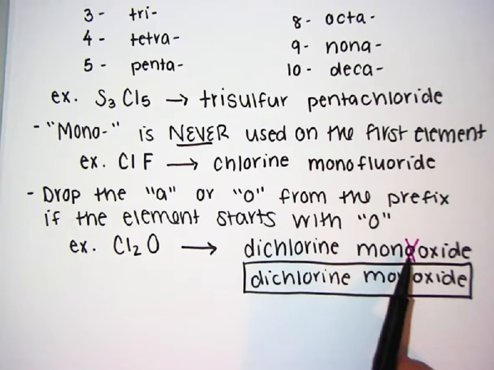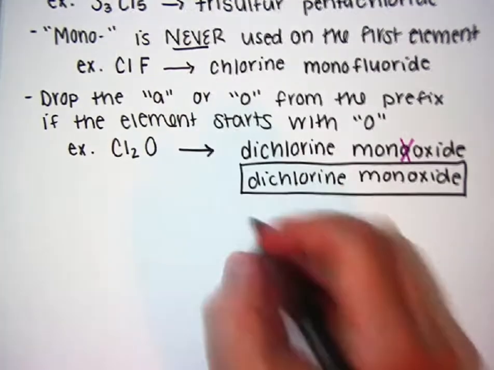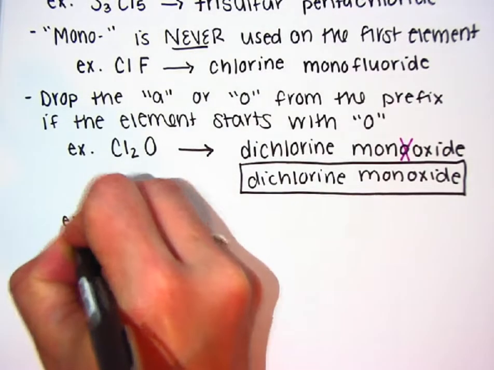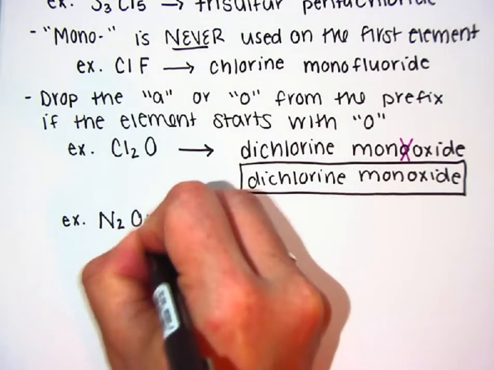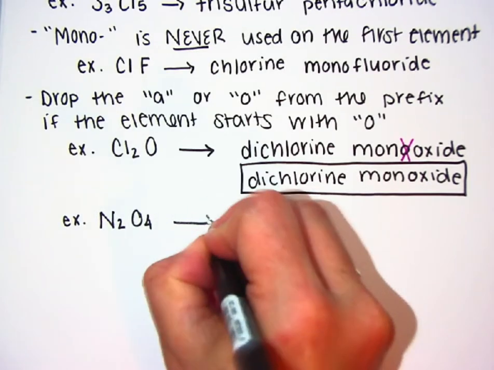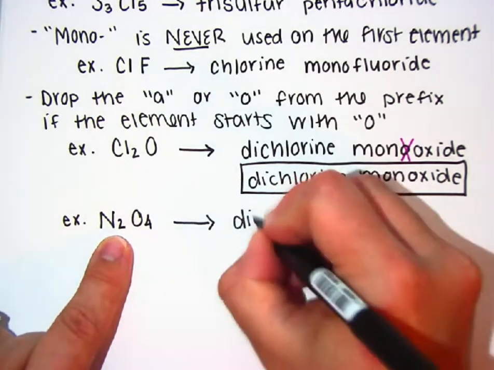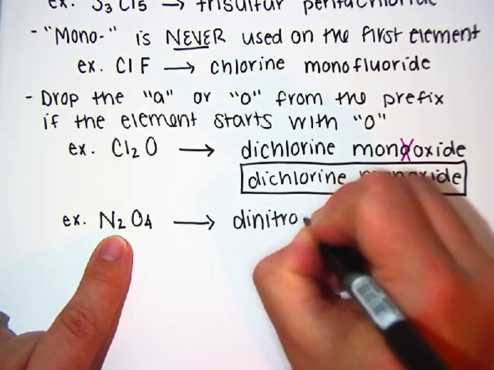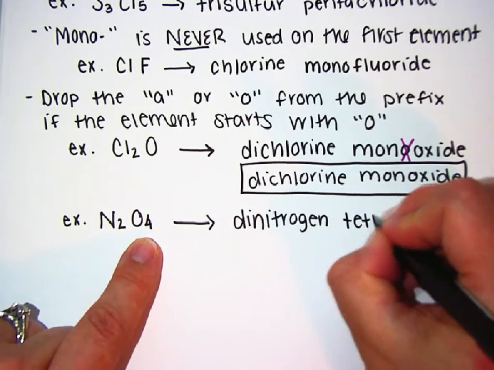Drop the O from the prefix if the element starts with O. This is also true if we have an A. Let's say I had N2O4. So again, the prefix for 2 is di. This would be dinitrogen. The prefix for 4 is tetra.